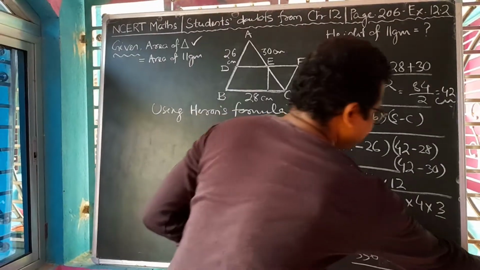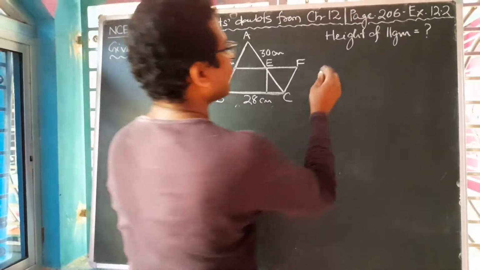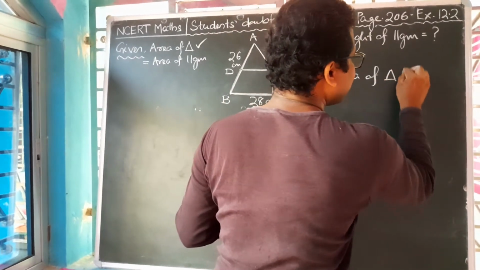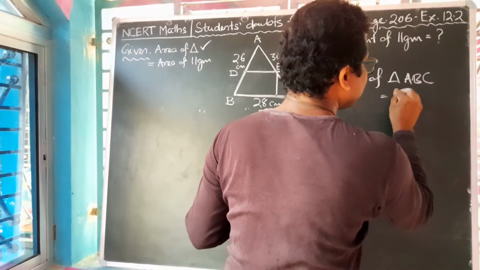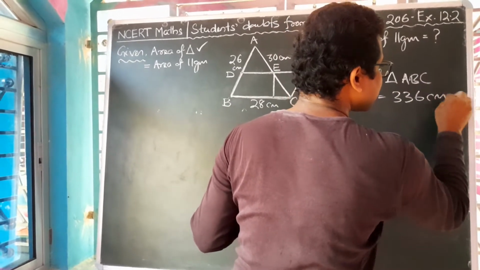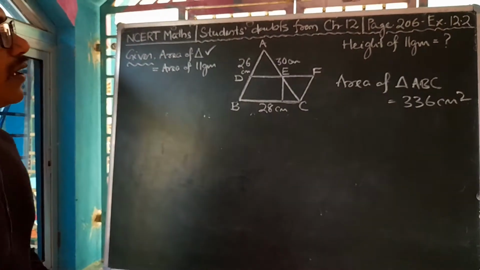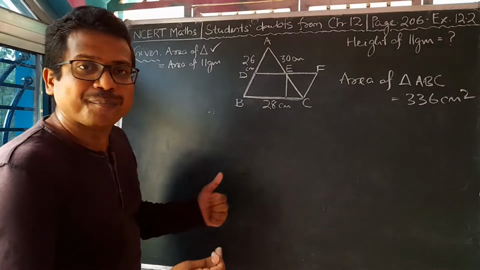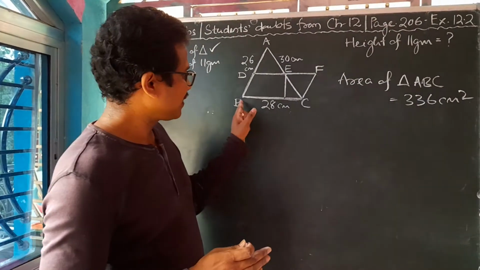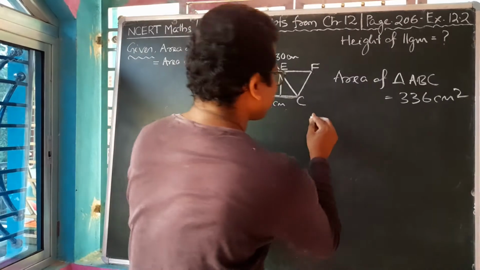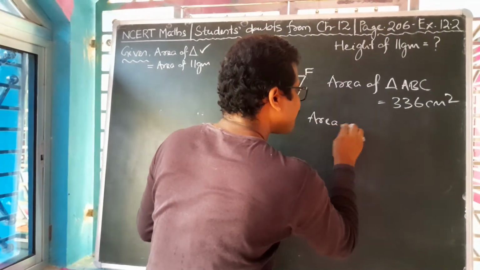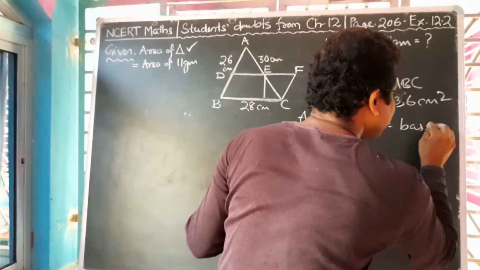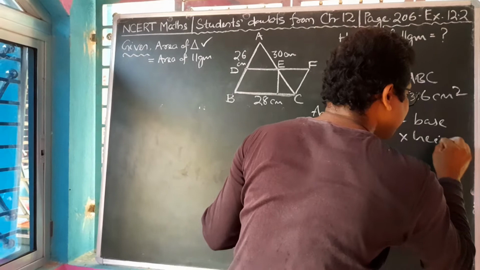Now what do we have to do? Area of triangle ABC is equal to 336 cm square. Now you see, what is the formula for area of parallelogram? Do you know? That is base into altitude. We know that the area of a parallelogram is equal to base into altitude, or base into height.